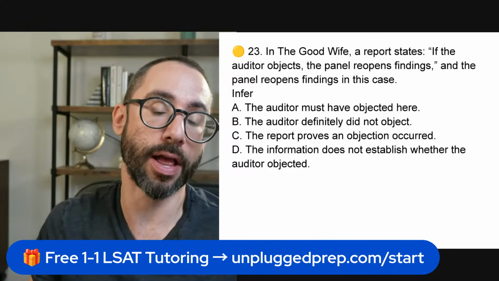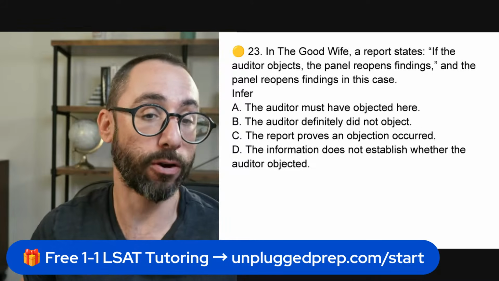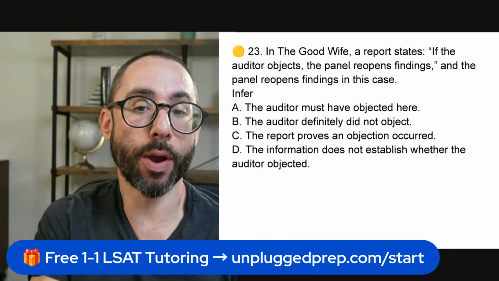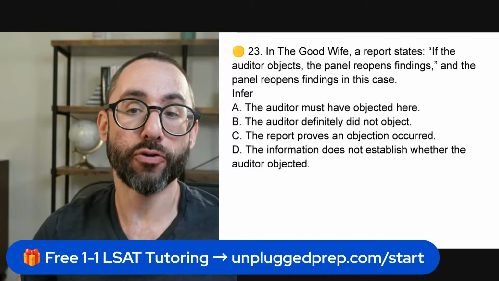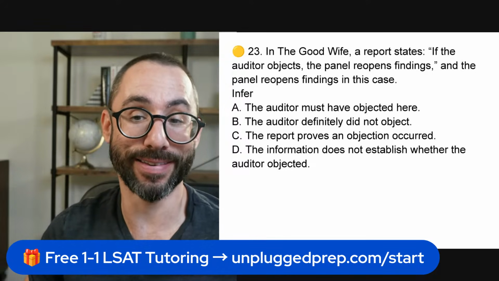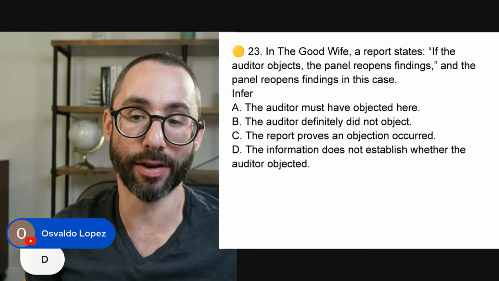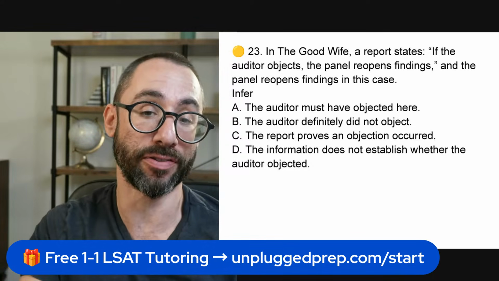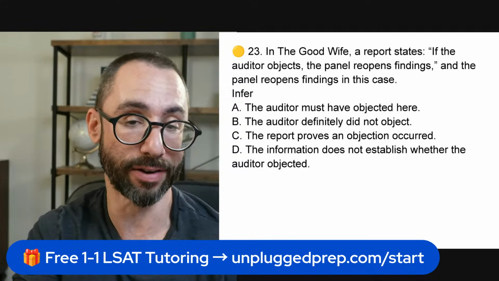Like if you have a statement, X requires Y, and we learn Y, you cannot infer X. That's going backwards on the arrow. So for that reason, I know a lot of you chose A initially. The answer is in fact D, as in Delta. Osvaldo got it. TG Law, Valentina is getting it as well. Yes, the answer is D. The information does not establish whether the auditor objected.